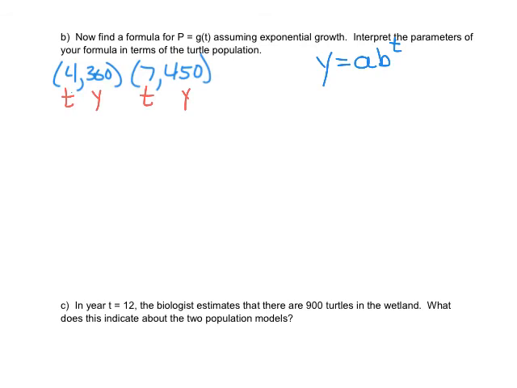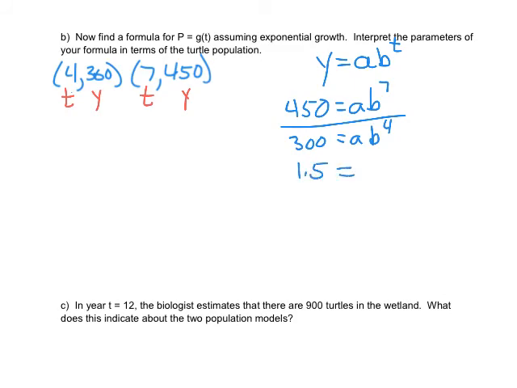So to set these up, I'm going to have 450, there's my y, is equal to a times b to the 7th. I'm going to divide that by the other number. 300 is equal to a times b to the 4th. When I divide those two, 450 divided by 300, that's a terminating decimal, I get 1.5, and that's equal to b cubed, since the a's divide away.